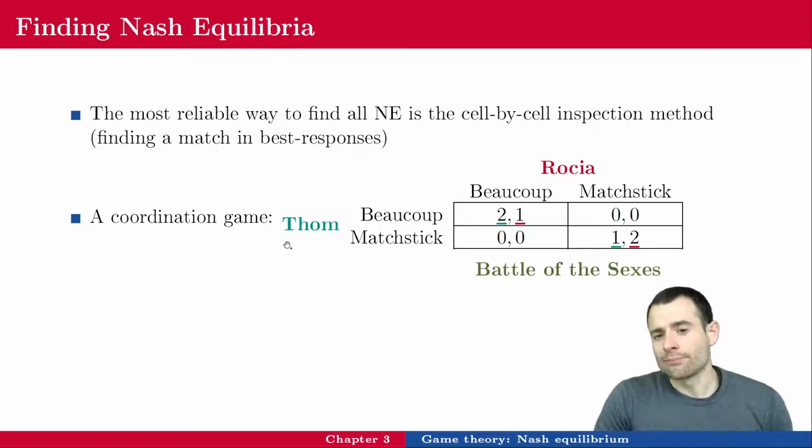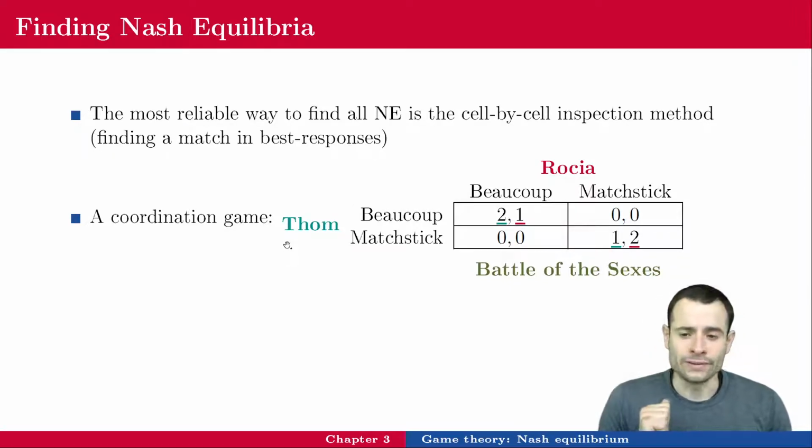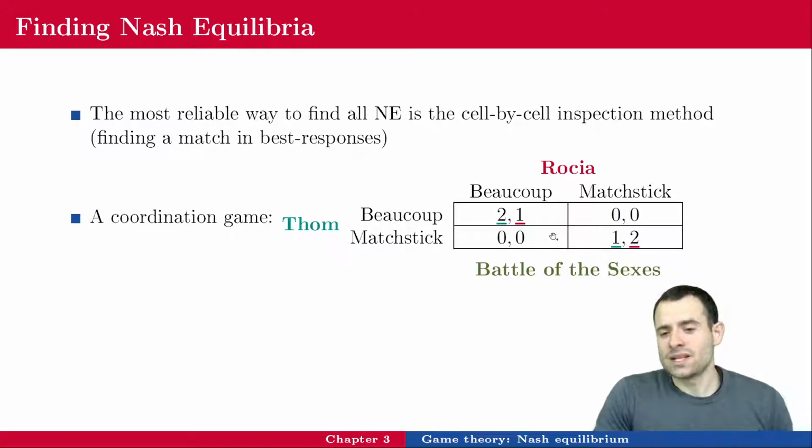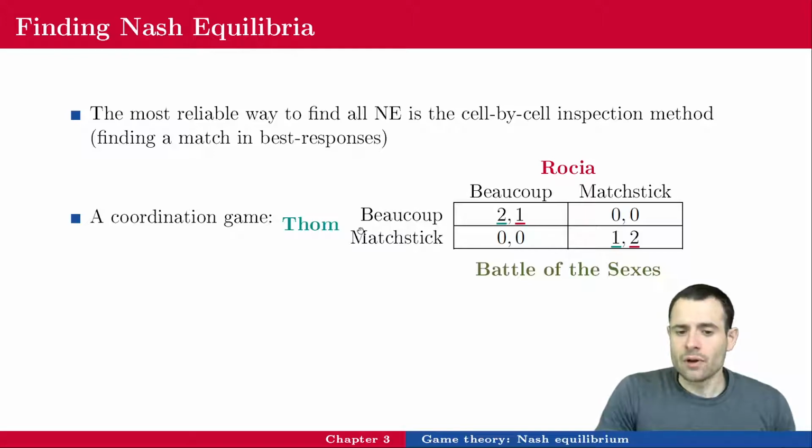Now I can go to Rosia. So I grab a red pen and put myself in the shoes of Rosia. If Tom goes to Boku, what does Rosia want to do? Rosia can go to Boku and get a payoff of 1, or go to matchstick and get a payoff of 0.